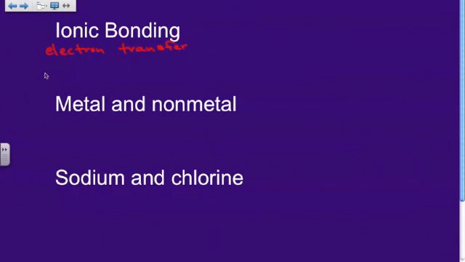That means that one element donates its electrons to another element. So ionic bonds tend to really only happen between metals and nonmetals.